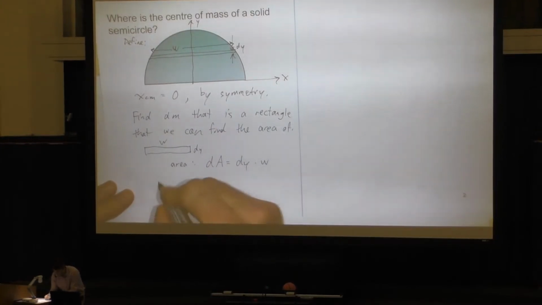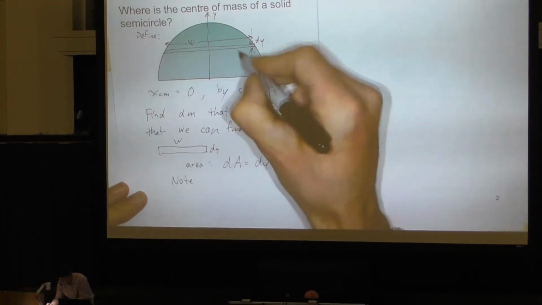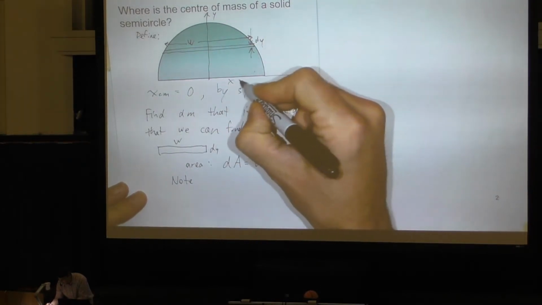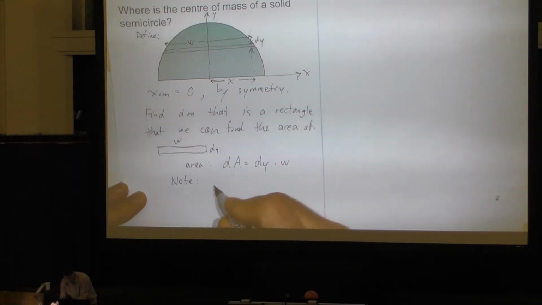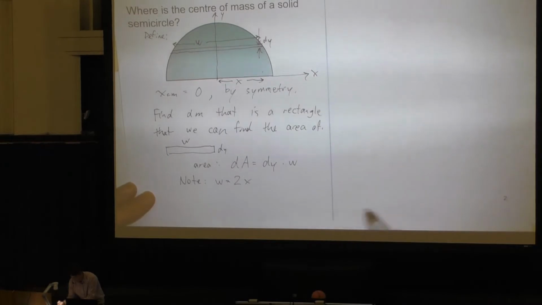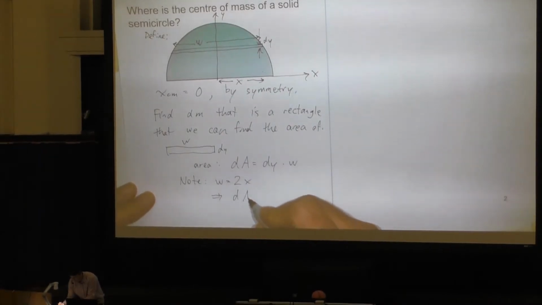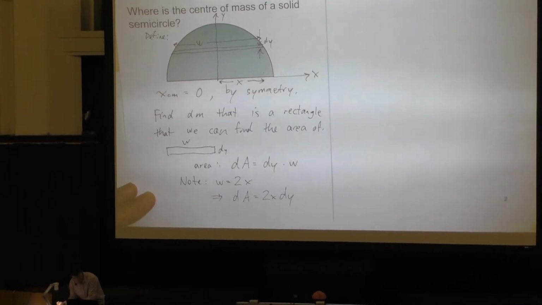And if you call this distance x, from here to here, then w equals 2 times x. And so we can say that dA is equal to 2x times dy.